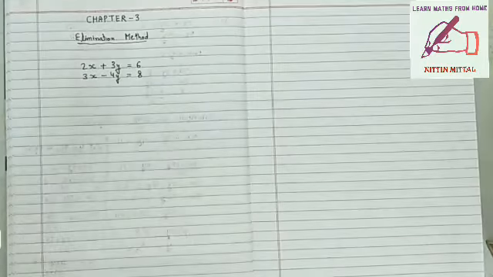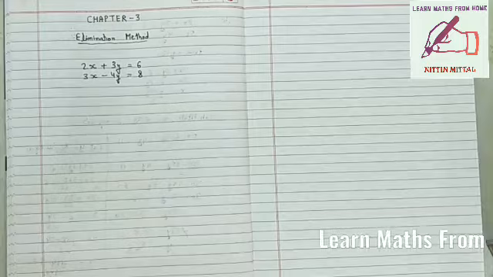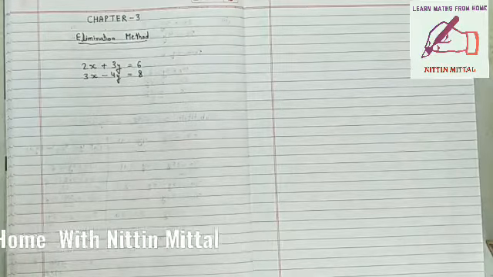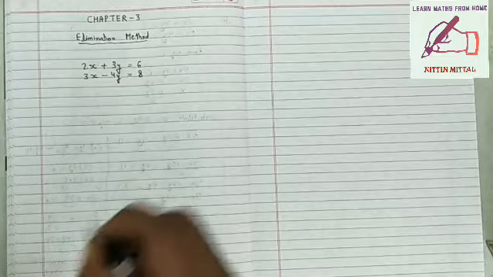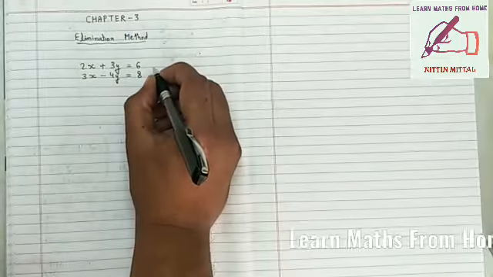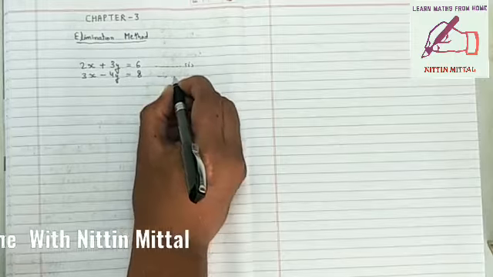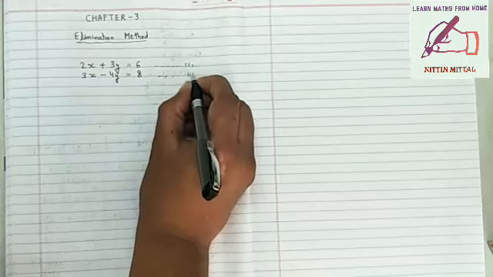This pair of linear equations we will solve with the help of the elimination method. So the steps are: step 1, let this be equation 1 and this be equation 2.